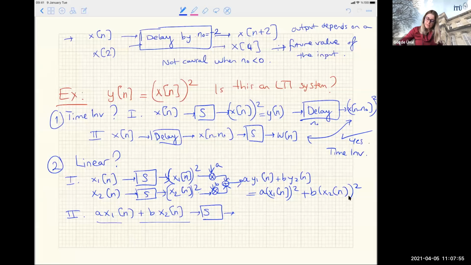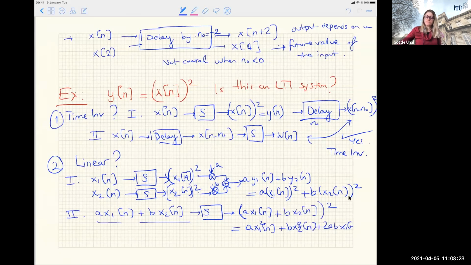What do I have? Let's first do the full thing. And as we all know, this is really not equal to, I mean, you would have a squared x1[n] squared plus b squared x2[n] squared plus 2ab x1[n] x2[n], right?